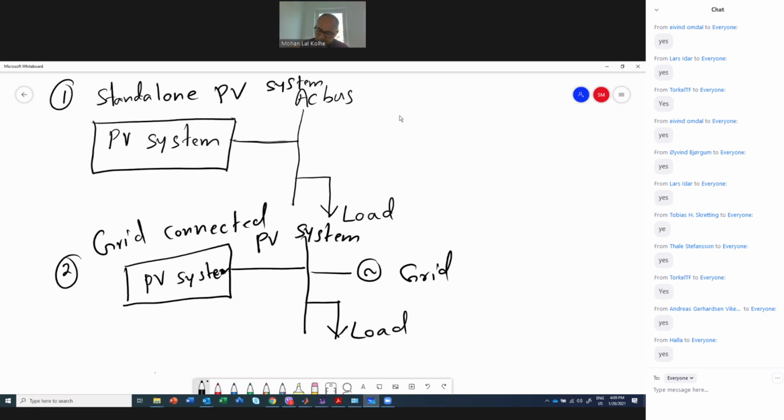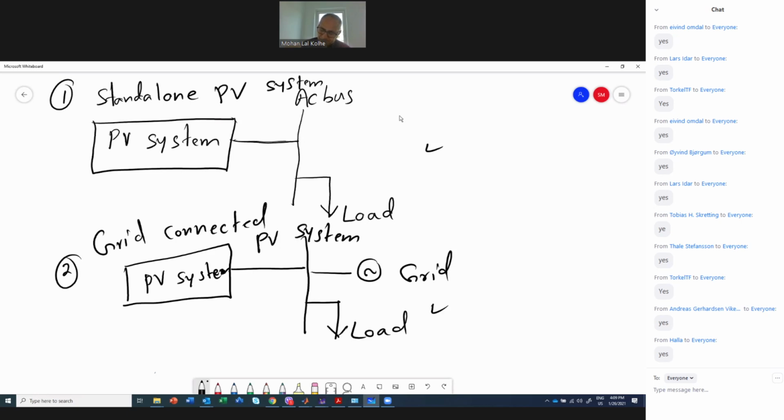Why I'm starting from the very beginning is because the control strategies adapted here and here will be different, because in this workshop we are going to consider the control strategies. Control strategies adapted with the grid connected system in some cases will be different from the standalone system.